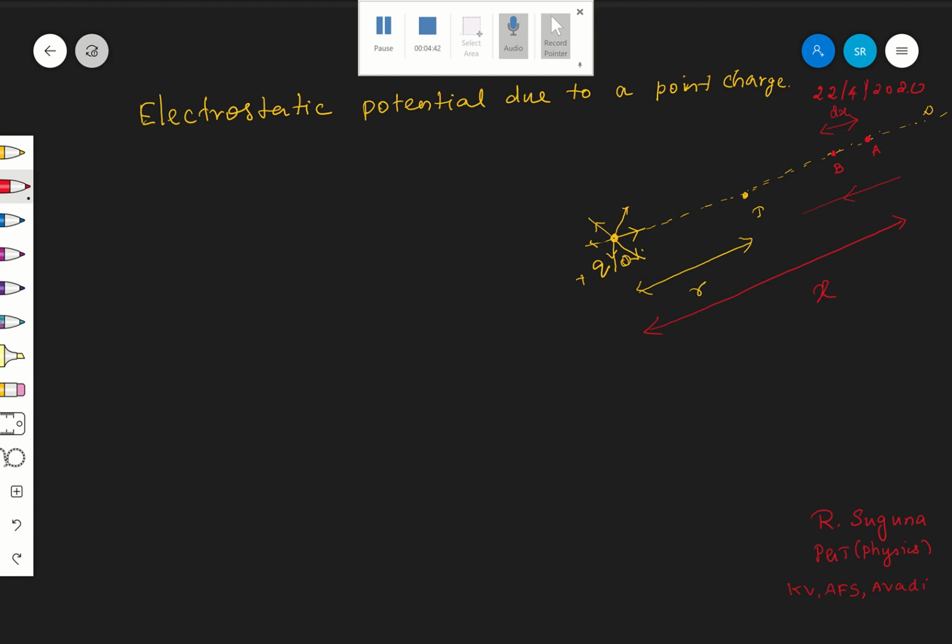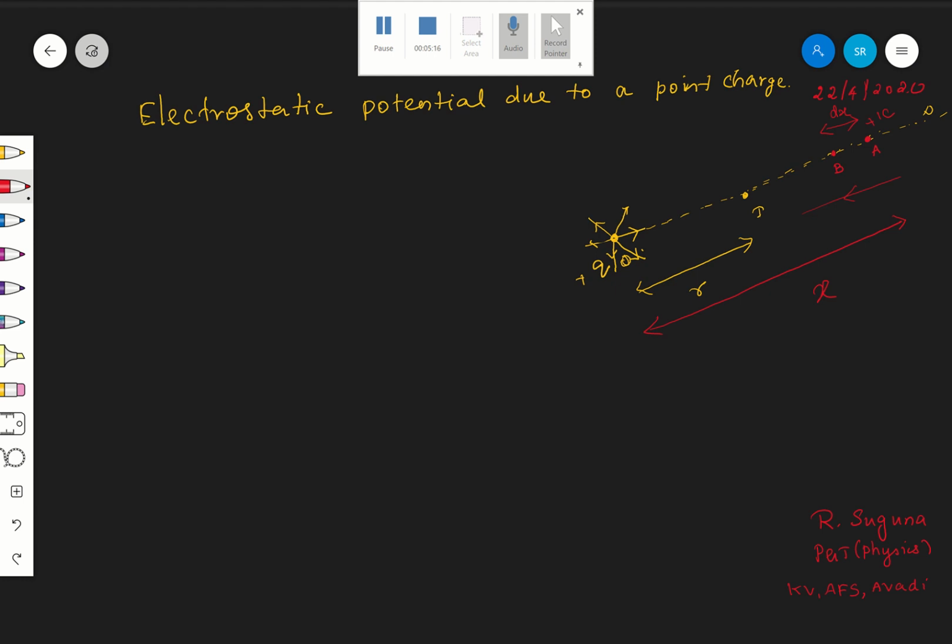Now say I am keeping a unit positive charge at A, and I want to move the unit positive charge from A to B through a distance dx. Therefore, what is the work done?